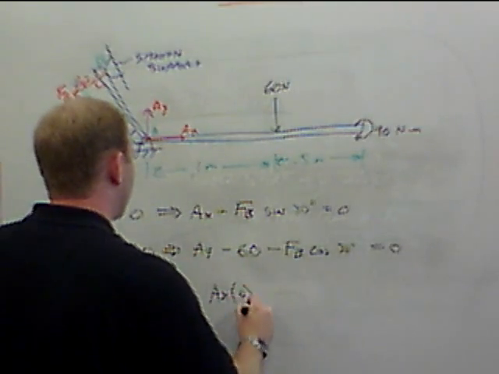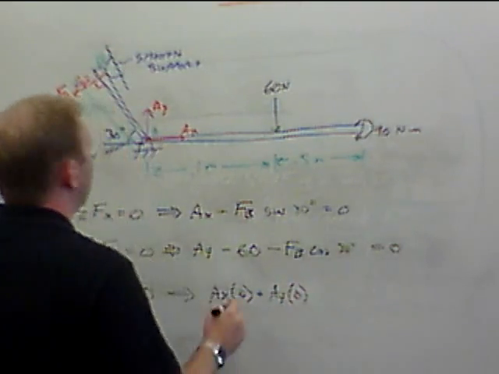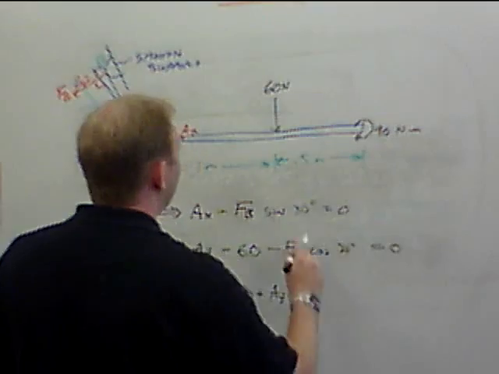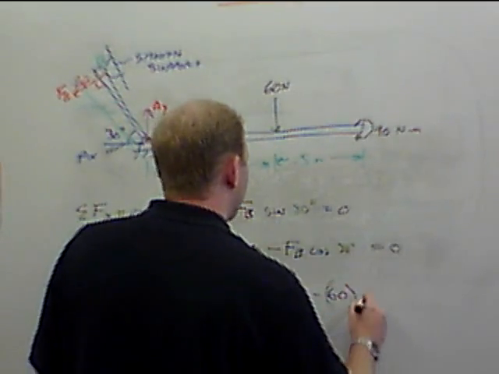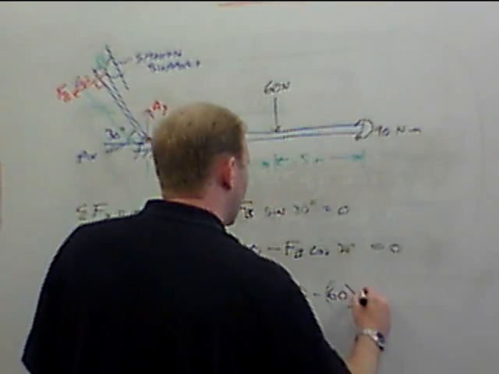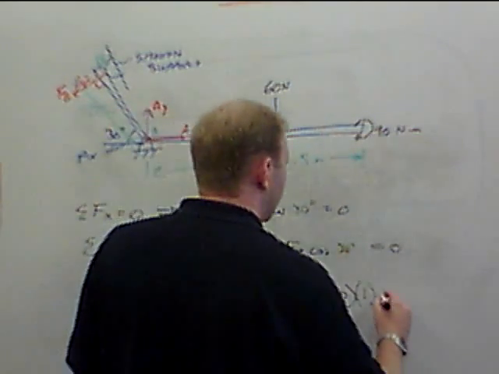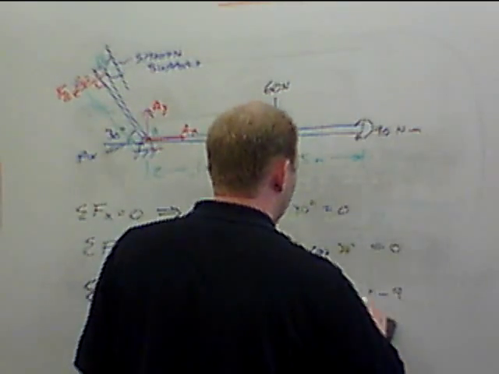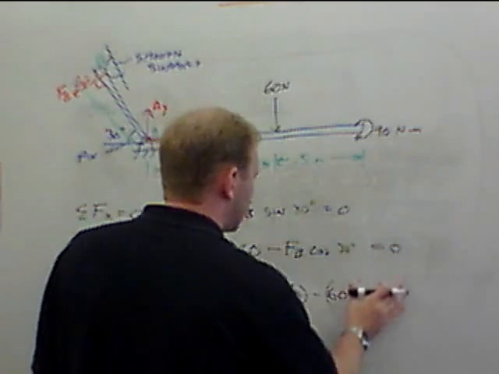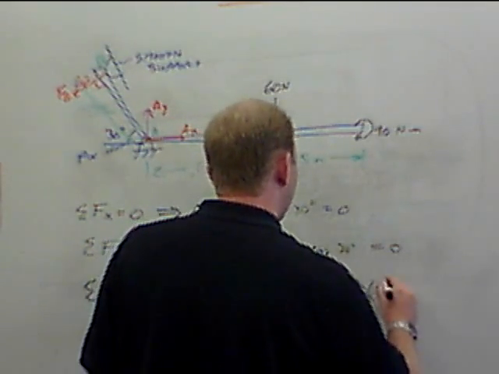So this becomes, well, I'll do the whole thing out here. AX times 0 plus AY times 0 plus 60, again clockwise, so that's minus 60 times 1 meter. This is a clockwise moment, so that's minus 90. I'm going to leave my units in here for the sake of completeness. Newtons times 1 meter.